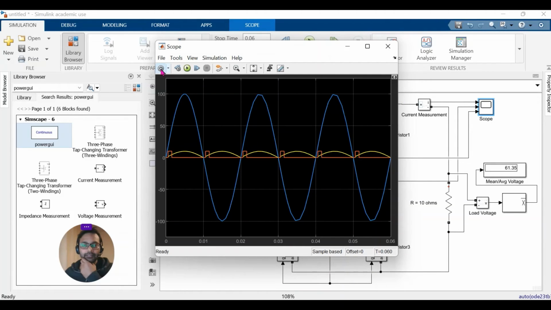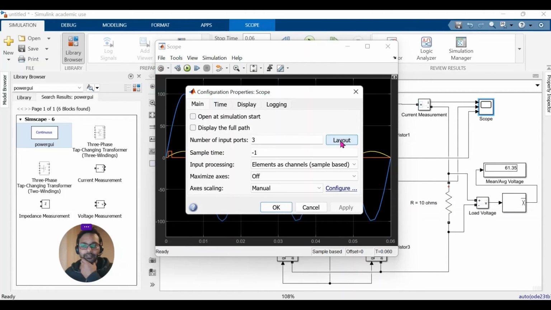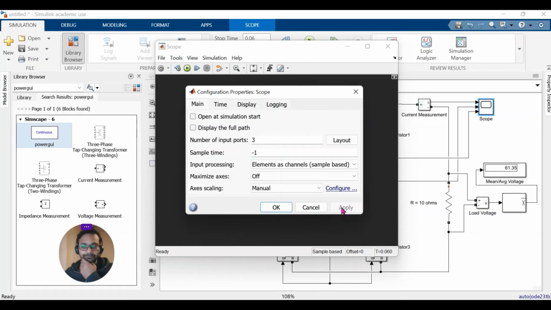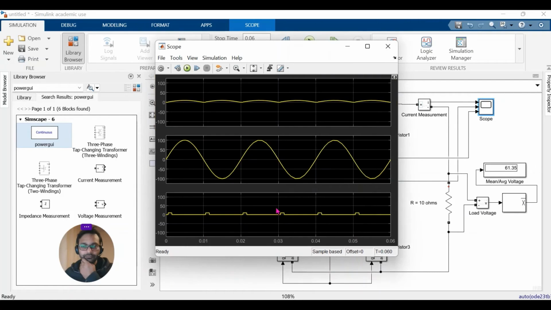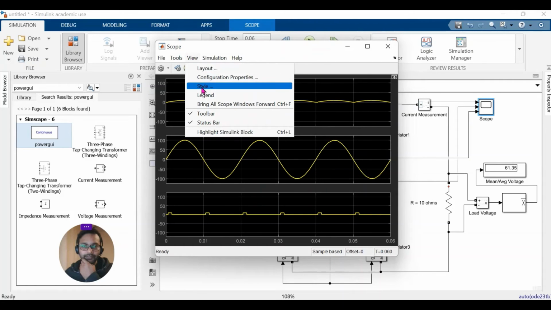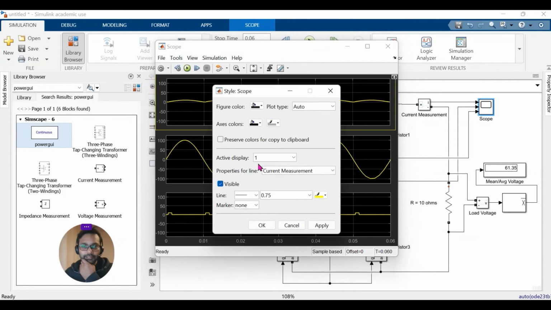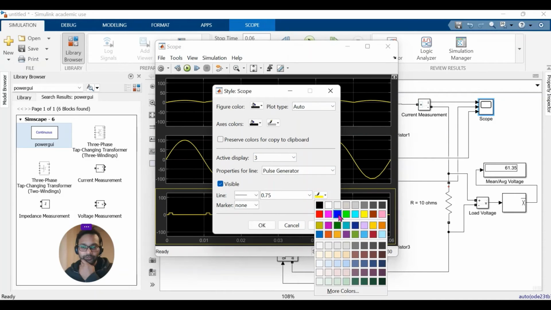We can display it on three different plots, and change the style or the color to maybe red, and this one to blue.